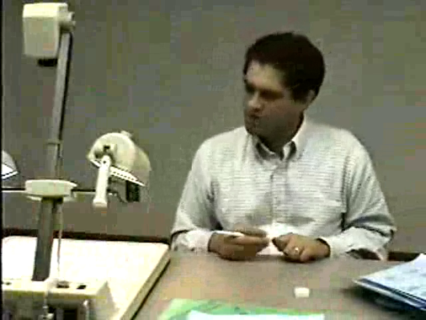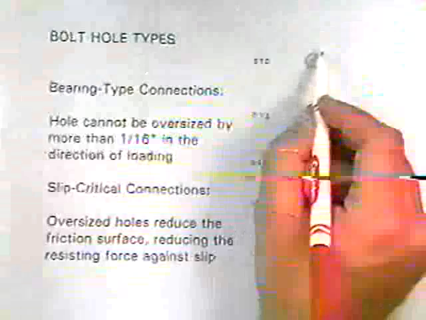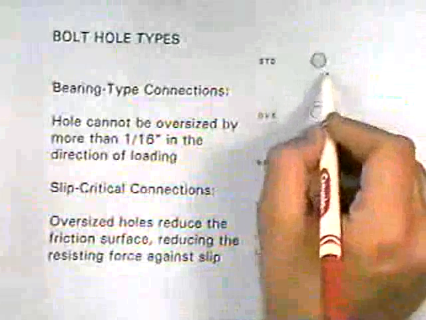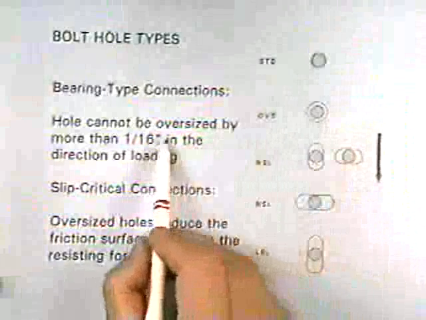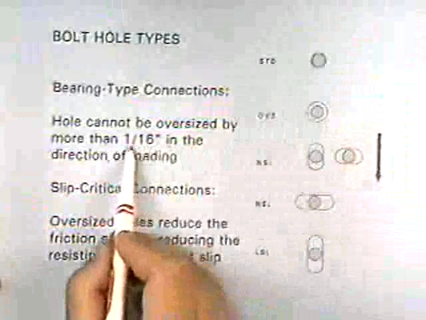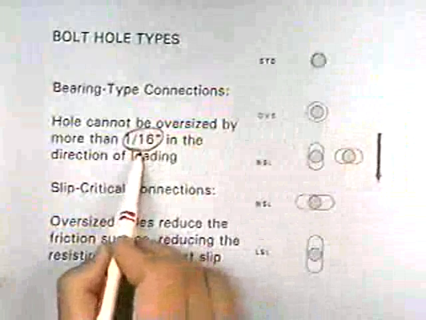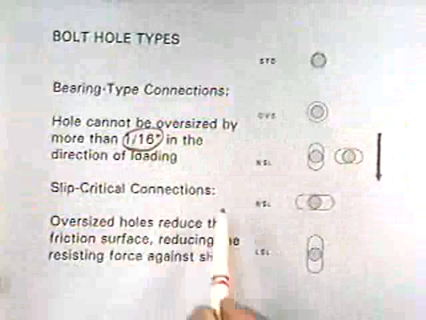What can affect the strength of a bolted connection is the type of hole we use. It affects the slip critical bolts more than the bearing type bolts. For the standard hole, there's no deduction in strength, but the standard hole again can't be oversized by more than that 1/16 of an inch that we assumed.